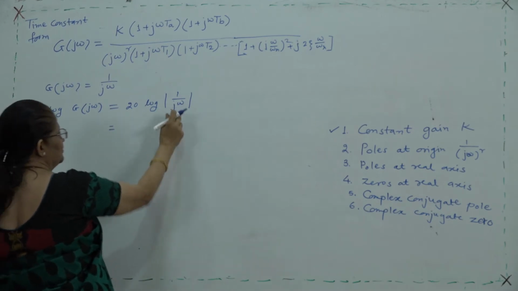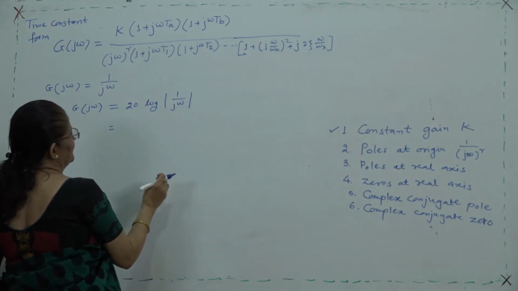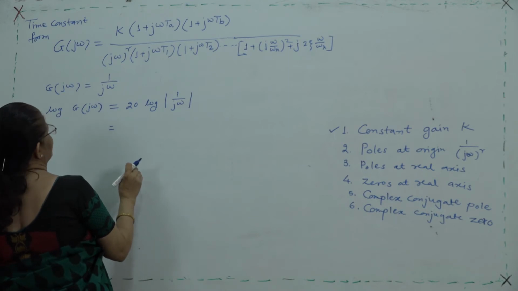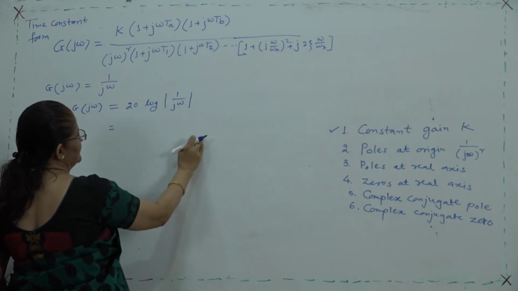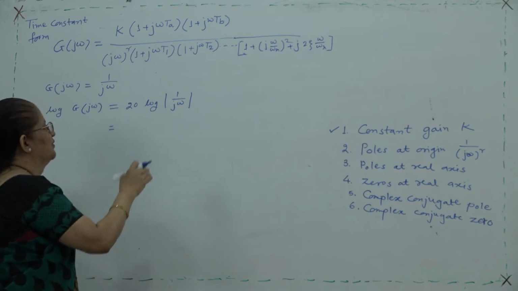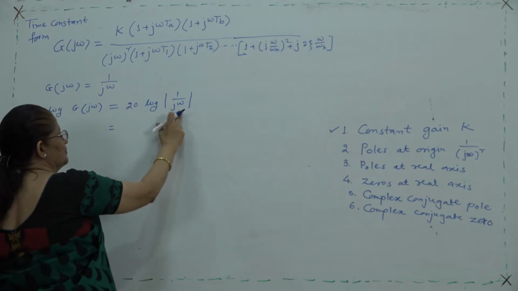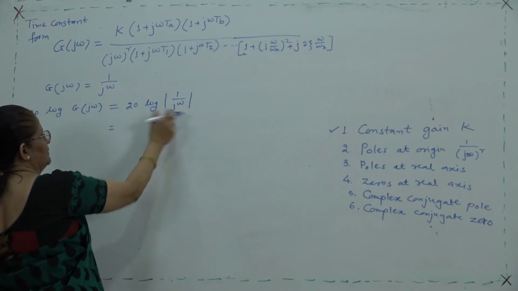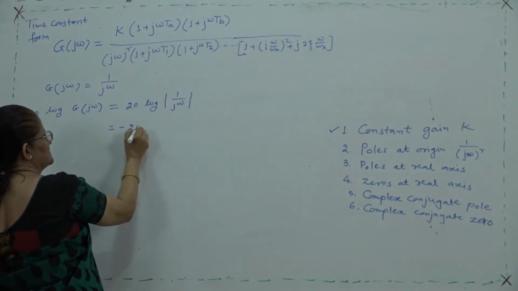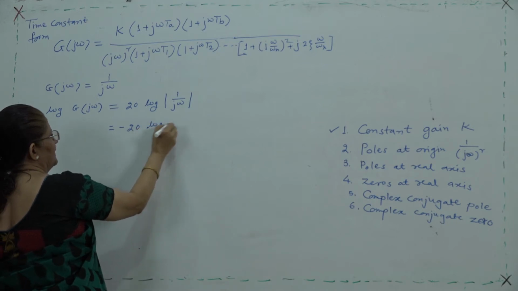So, what is the magnitude of 1 upon j omega? You will get under root 1 plus omega square. So, here there is no 1. So, omega square and you will get omega, and it is at the denominator. So, you will get minus 20 log of omega.